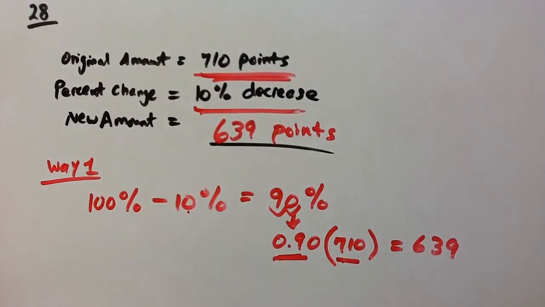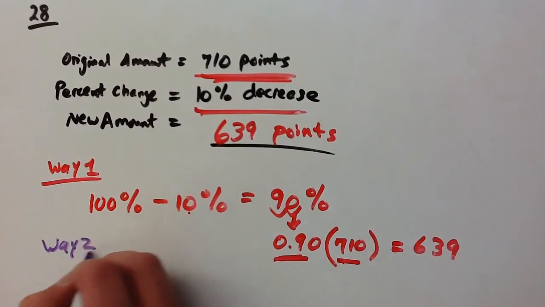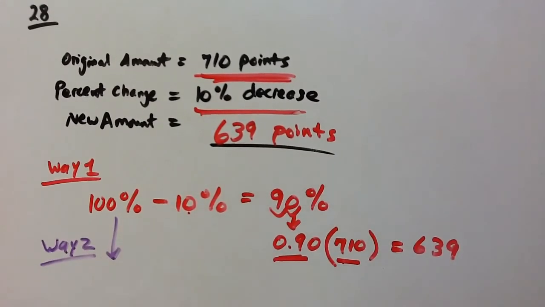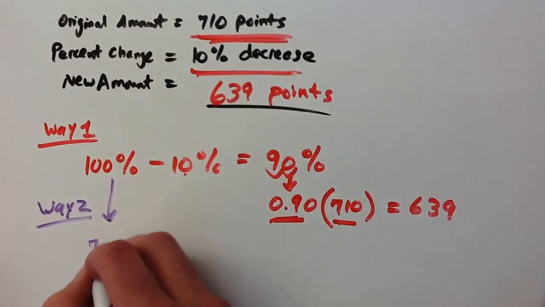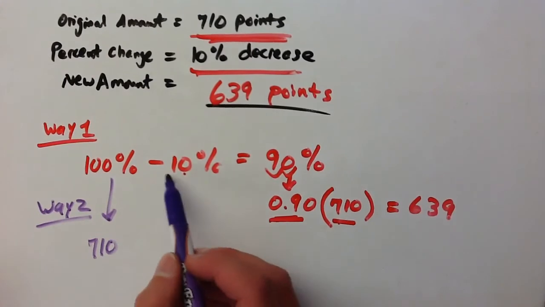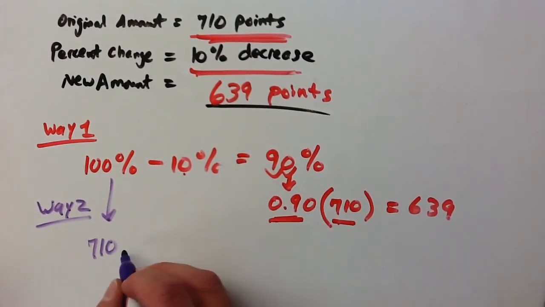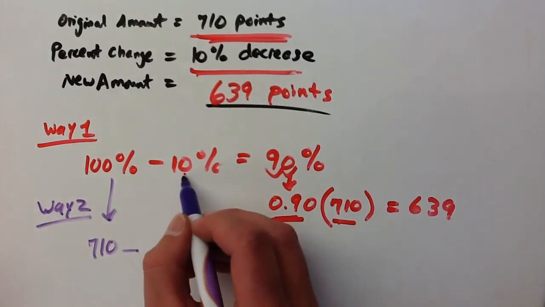The second way we can think about this, we'll call this way number 2, we can start with our 100%, which is the full amount. In this case, that's 710. Start with the full amount, and if I am decreasing this number, that means I'm taking away 10% of the original. What is 10% of the original?